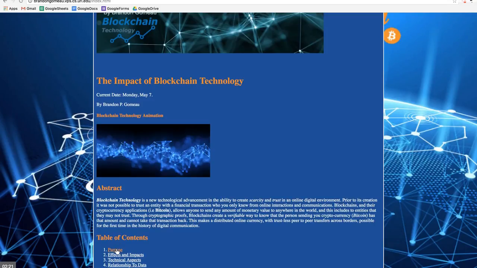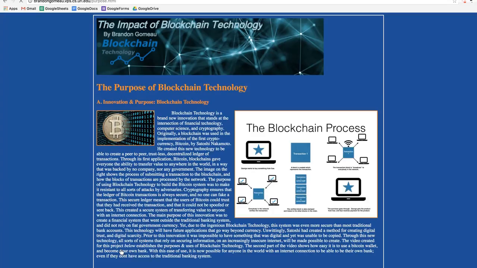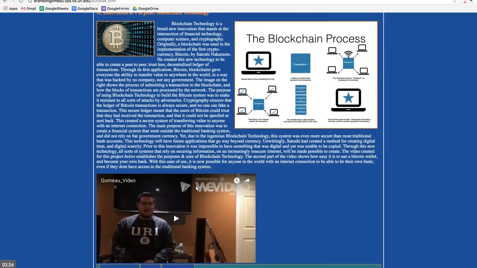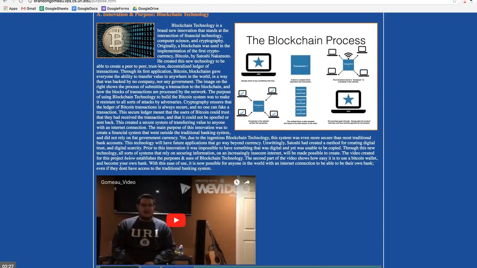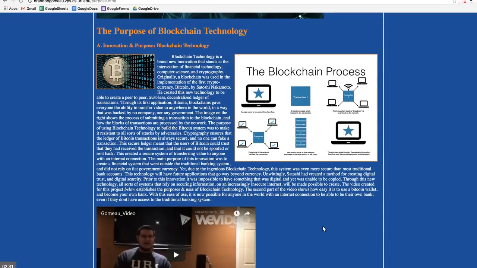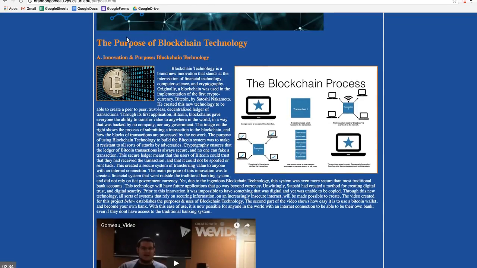The first in the table of contents is the purpose section. This is my purpose section with previous section, home, and next section buttons down at the footer in the bottom. For the purpose section, I did the first question A, innovation and purpose of the blockchain technology. The purpose of blockchain technology originally is to create an implementation of cryptocurrency like Bitcoin.